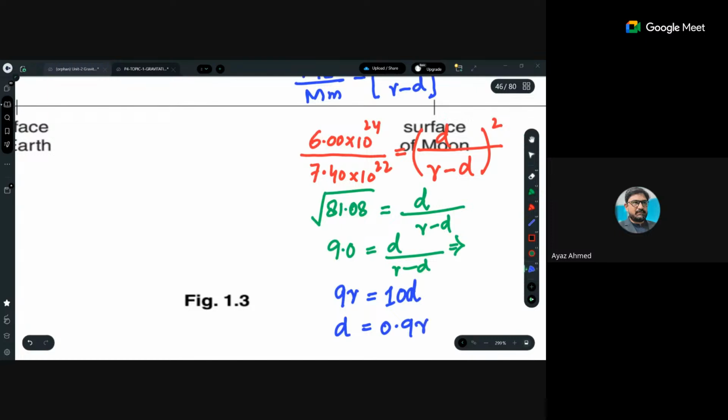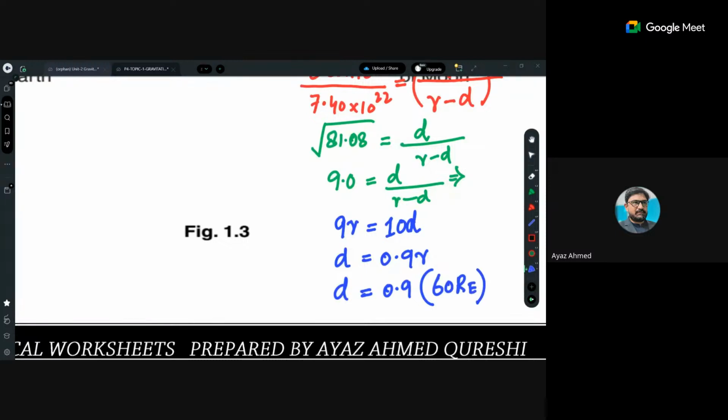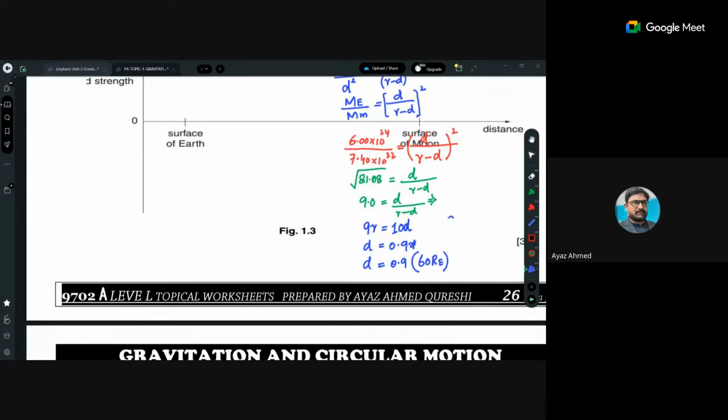Is it clear till this point? So your d is 0.9 times, what is this r? R is 60 times Re, the radius of the earth. So just multiply. I think it will be 54 Re, right? 54 Re. So the distance is 54 Re.